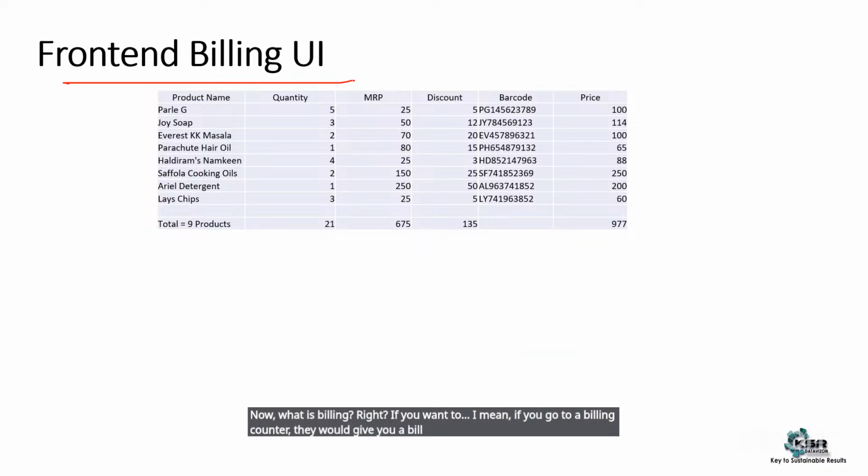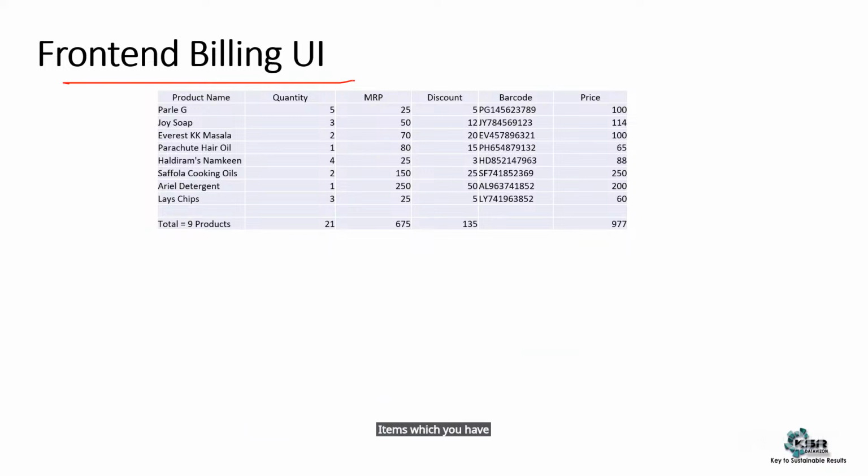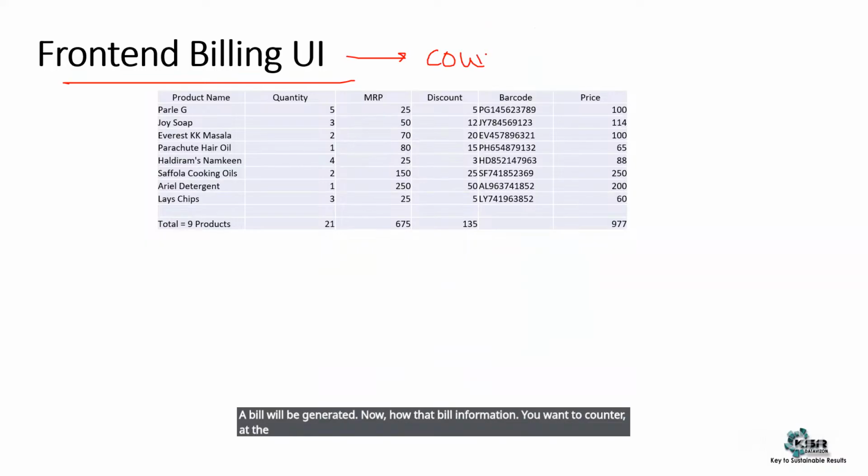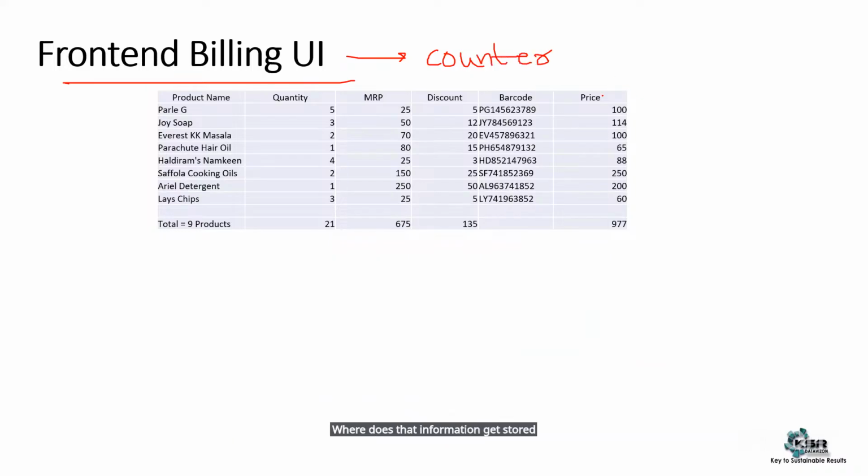They would scan all the items you have purchased, and with a specific barcode, a bill will be generated. Where does that information get stored? That information will be stored in their billing system.